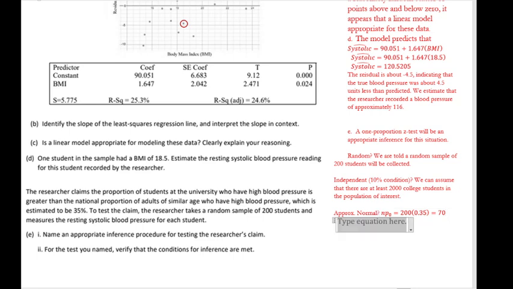And the other thing that we need to check is that n times 1 minus p naught is also greater than 10. So that's going to be 200 times 0.65. So that's going to be 130. So both are at least 10.